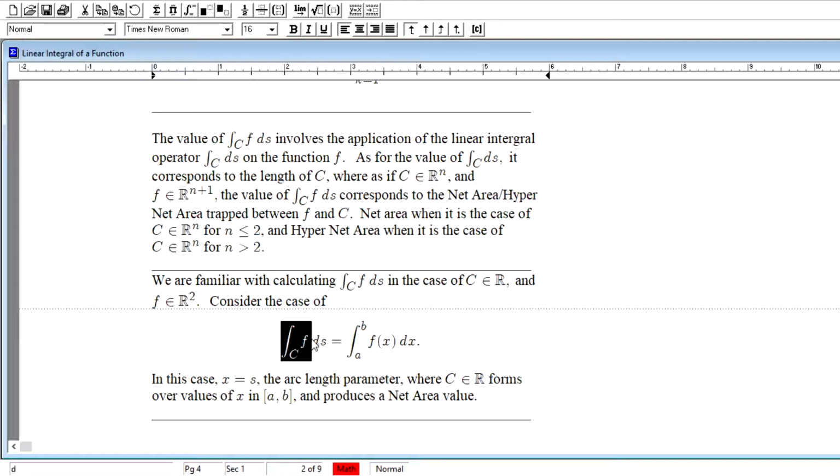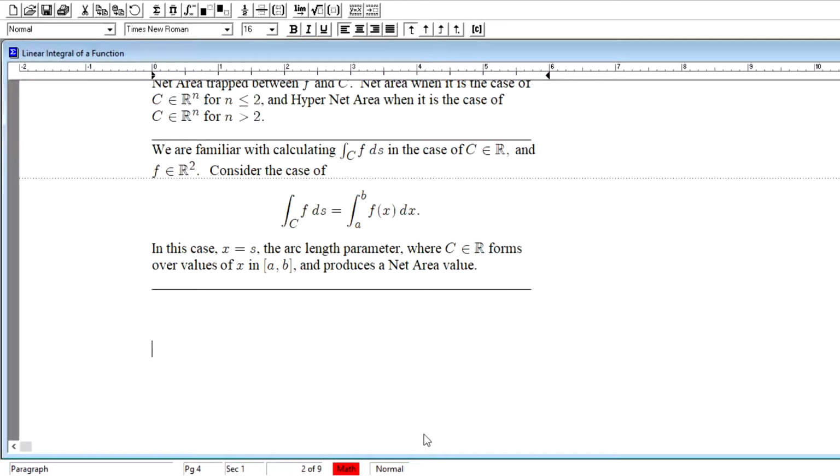And in this linear integral calculation, which could happen in any dimension of space, this is a specific case where C is in 1 dimension, f is in 2, and x is equal to the arc length parameter. This understanding then is translated as we have seen back in Calc 1 and corresponds to the net area value.